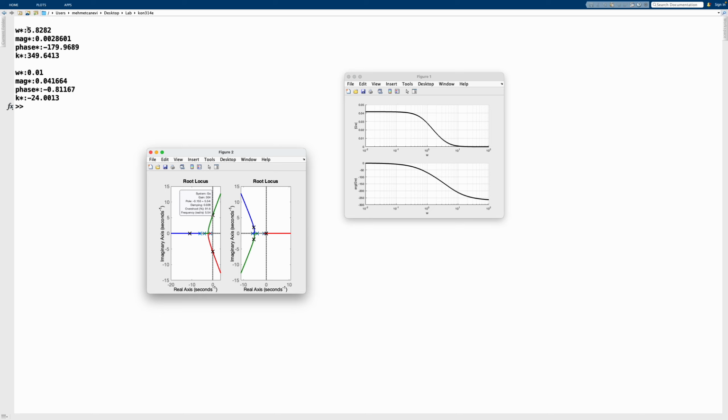So in the closed loop, it should be j 5.8282 and its conjugate, and we have that here. And the same goes for here. You can see it's almost 0 because it's an origin crossing on the negative root locus, and that should be 0 basically. So the Bode plot also tells us the frequency of crossing, and therefore it's always important to remember that the j omega axis is basically the Fourier domain, whereas the whole S domain is the Laplace domain.